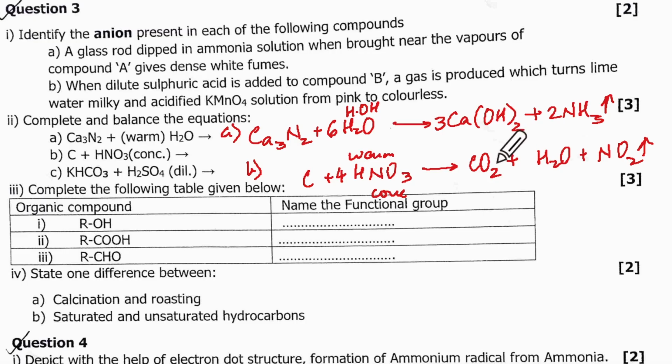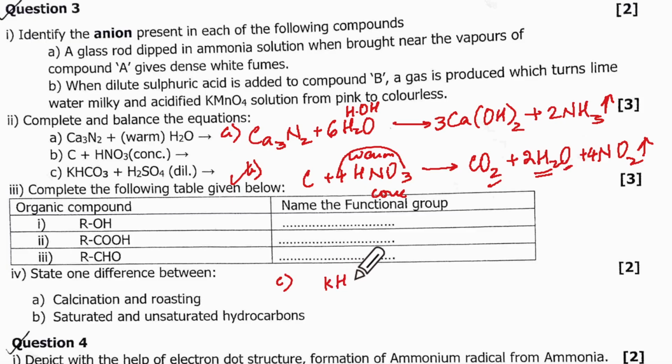So C becomes CO2. 4 HNO3 gives you 2 H2O because there are 4 H's. How many N's do you see? 4. Now check the oxygens. There are 12. 2 and 2 is 4, and 8 is 12, so it is balanced.